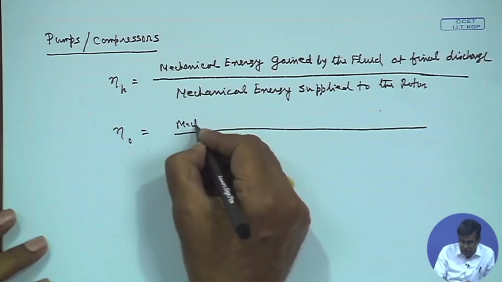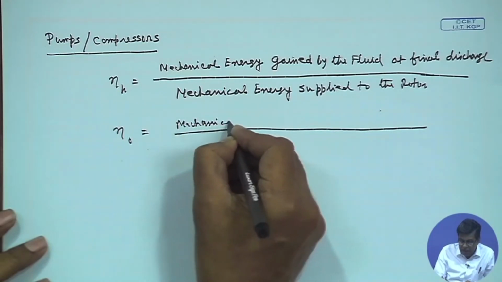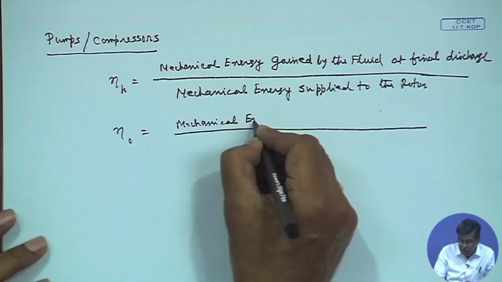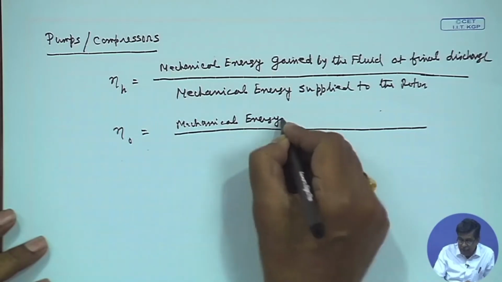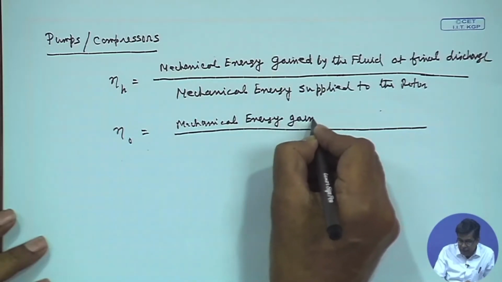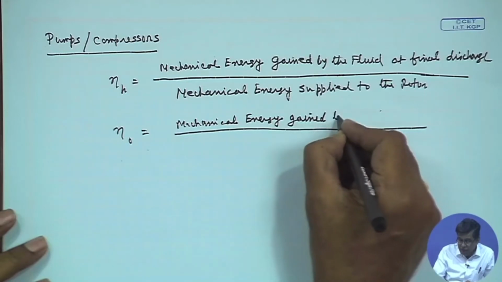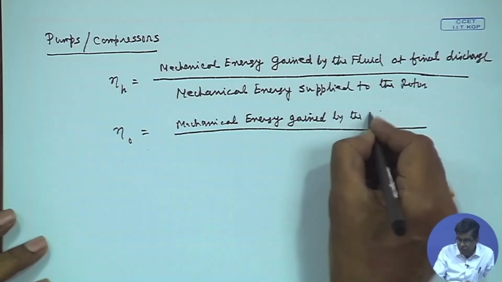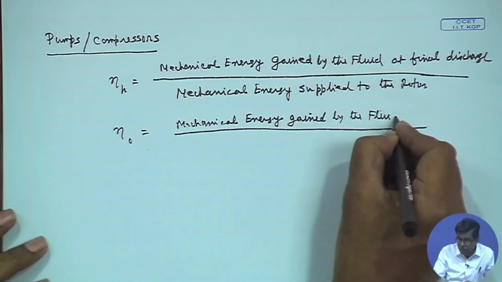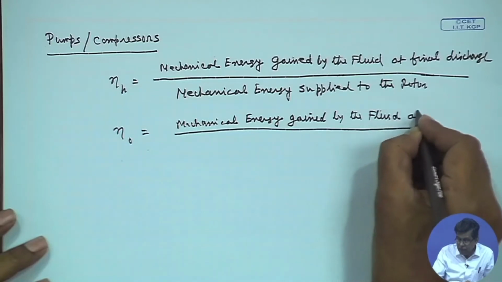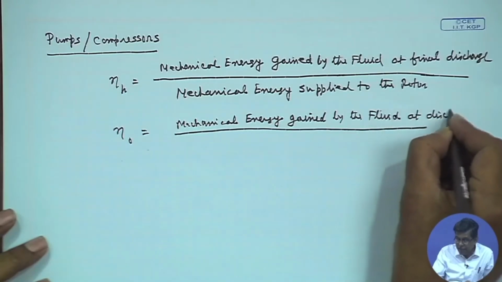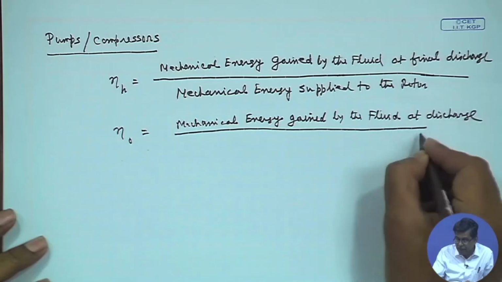And following a similar line of thought as we discussed in case of turbines, the overall efficiency, in this case the output will remain the same, the mechanical energy gained by the fluid at discharge, final discharge or simply at discharge.